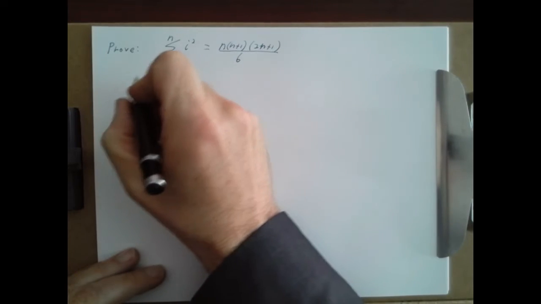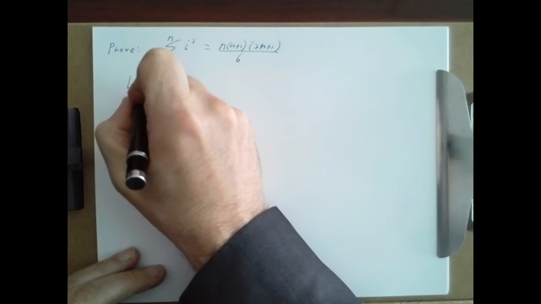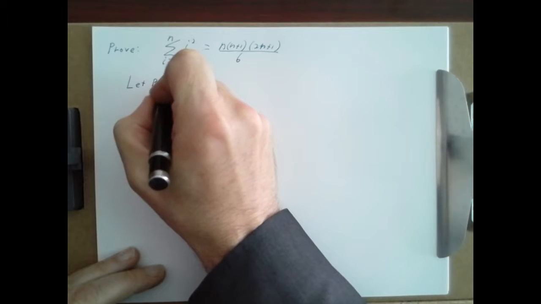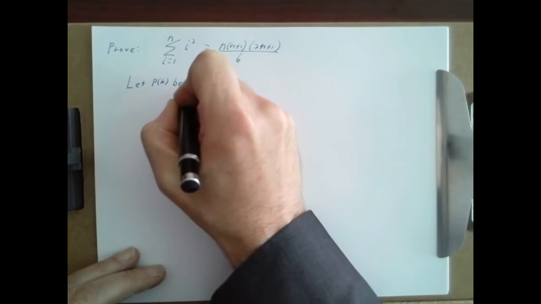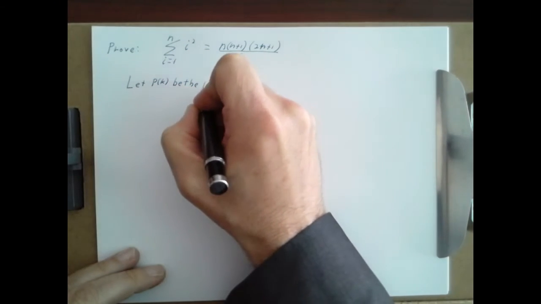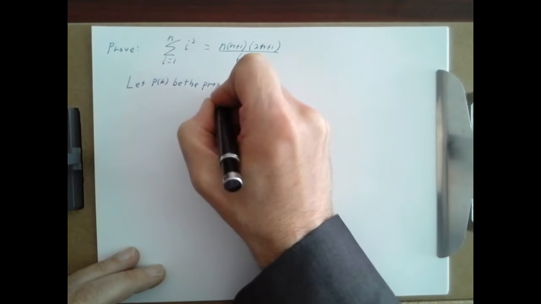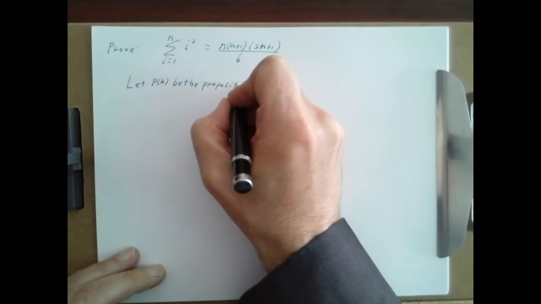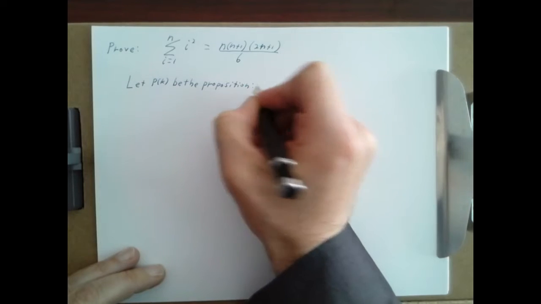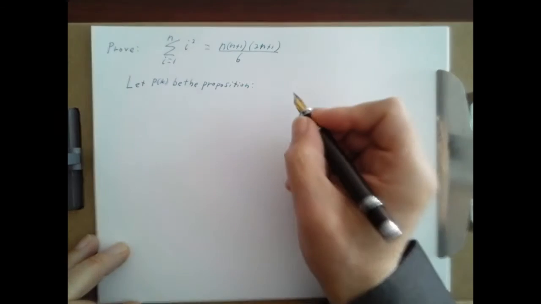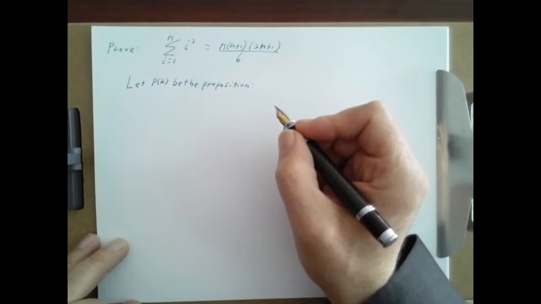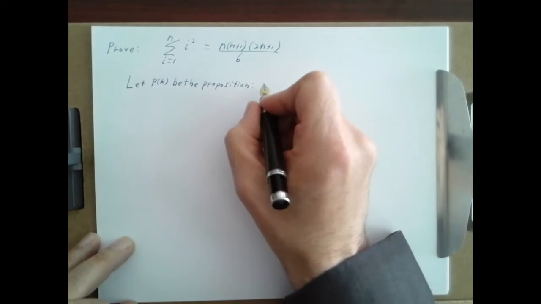Good. So let P of k be the proposition. What's the proposition? I just switched the n for k.